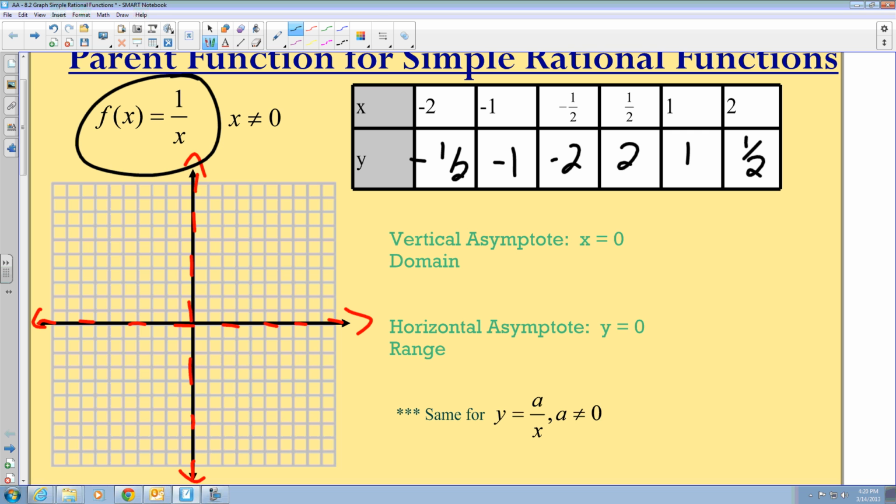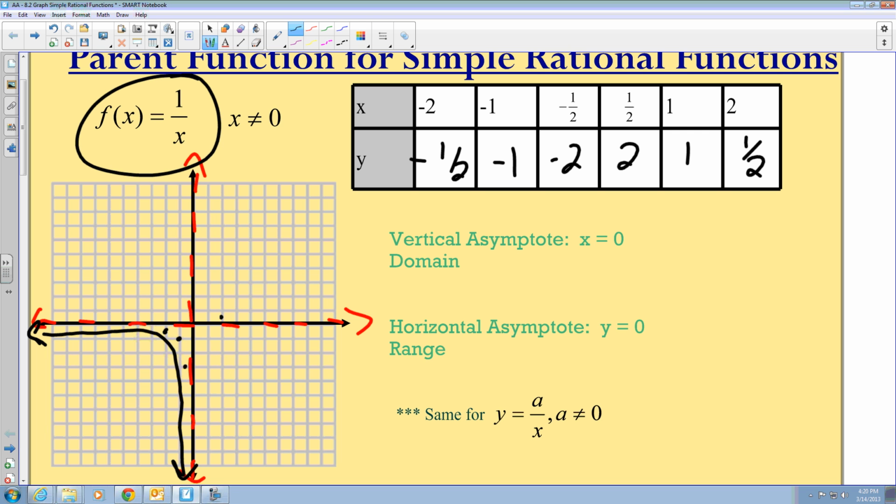So here it's just a matter of plotting these points. I'm going to go -2, -1 half, right about there, -1 and -1, and then -1 half and -2. So it looks something like that, and then I make my graph. It looks something kind of like this. And then go to the other side. I'm going to go 2, 1 half.